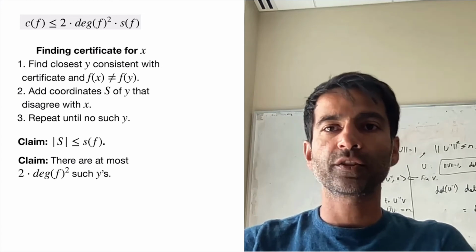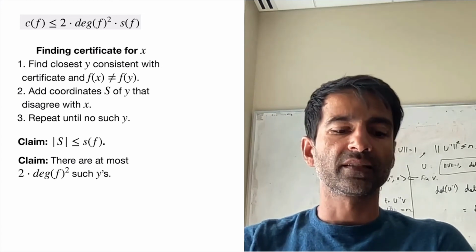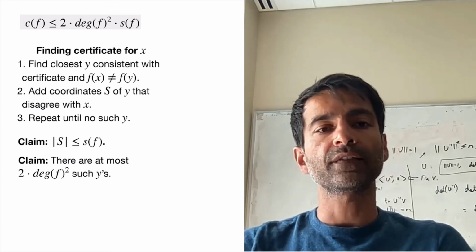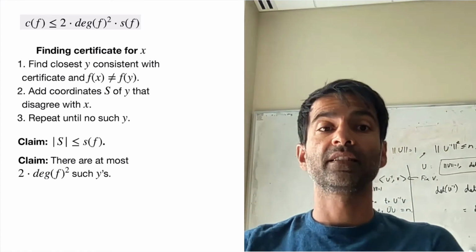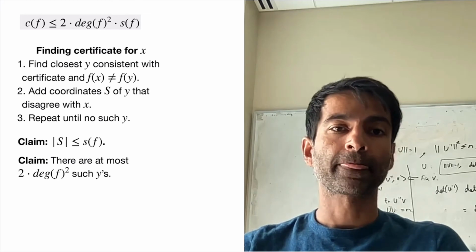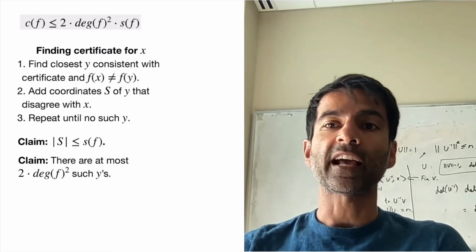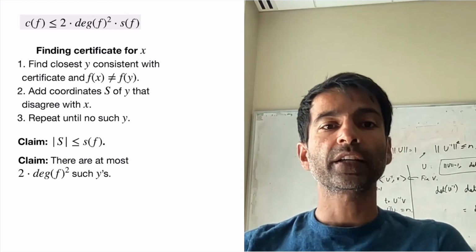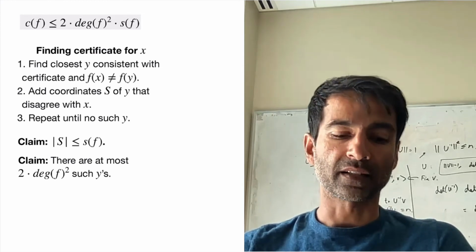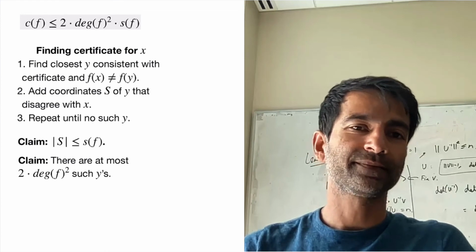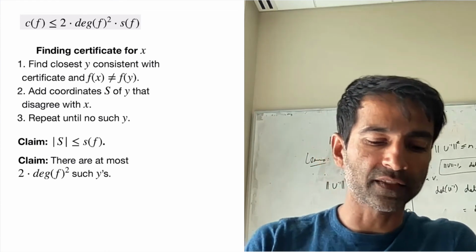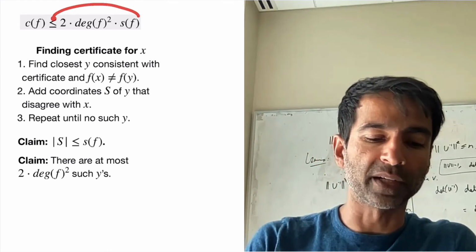So what we're trying to do here is show that if the degree of f is small and the sensitivity of f is small, then it has small certificate complexity. And we'll prove this via an algorithm. So I'm going to give you an algorithm that given an input x, it finds a certificate for x. And I'll show that the size of the certificate it finds is always bounded by this number.